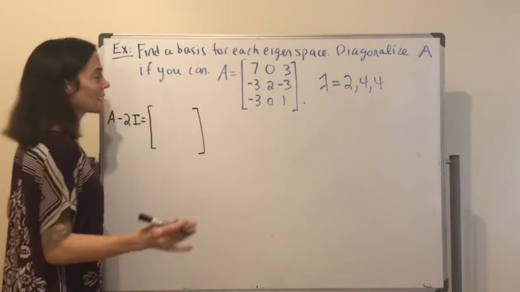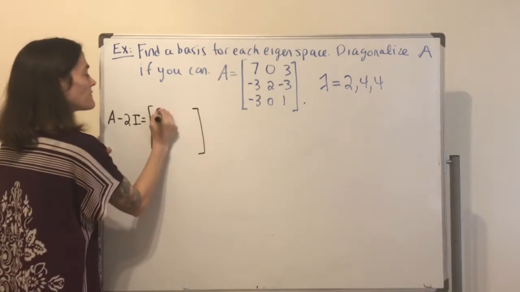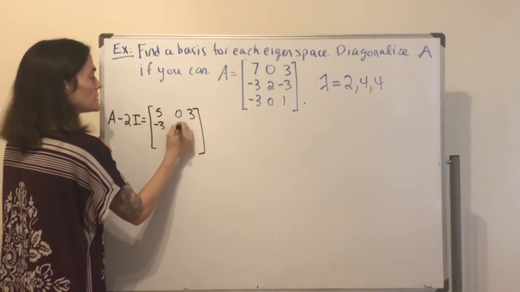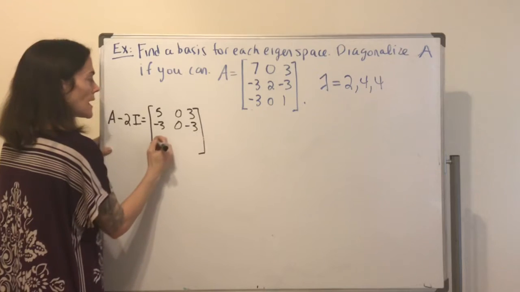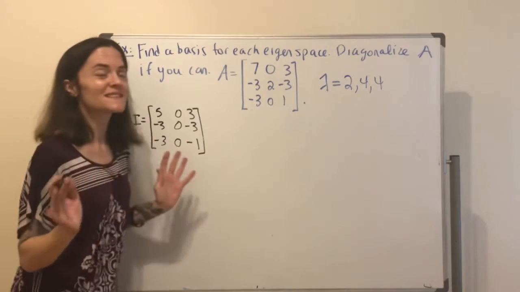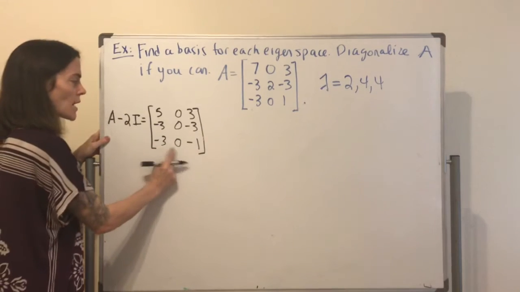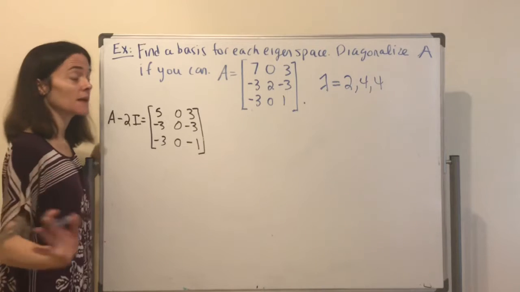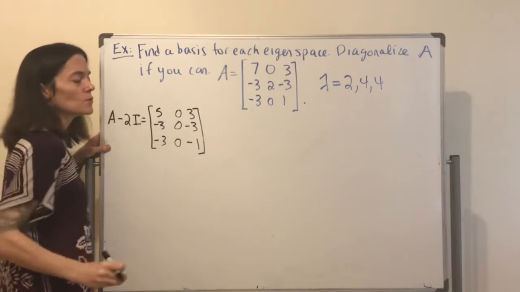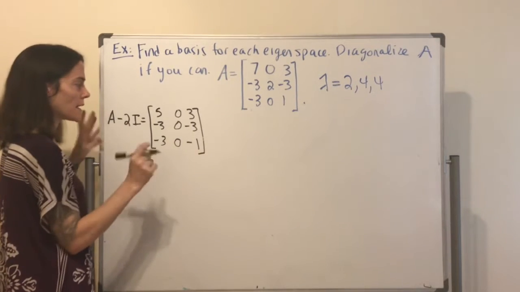First we look at A minus 2I. This is for lambda equals 2. We have 5, 0, 3, minus 3, 0, minus 3, and minus 3, 0, minus 1. Well, this is a matrix that we can quickly glance at. Look, we have 2 linearly independent columns. Therefore, the rank of this matrix is 2. The dimension of the kernel will just be 1.